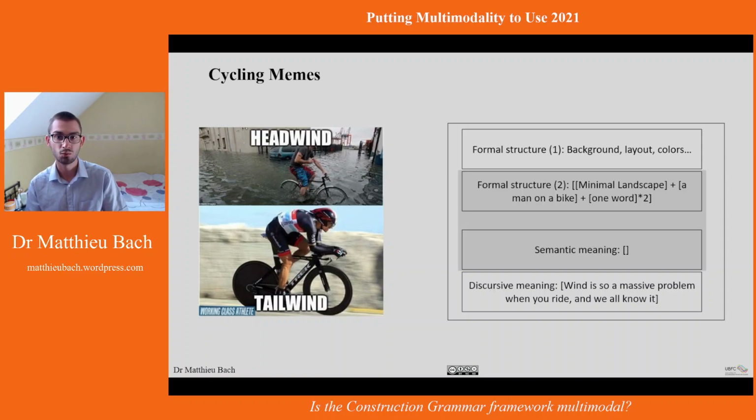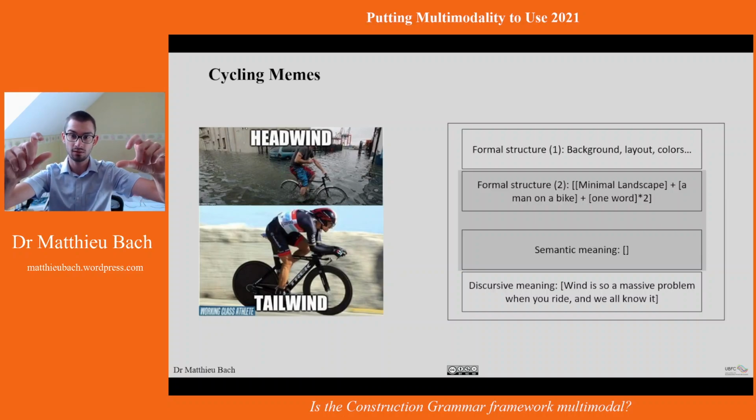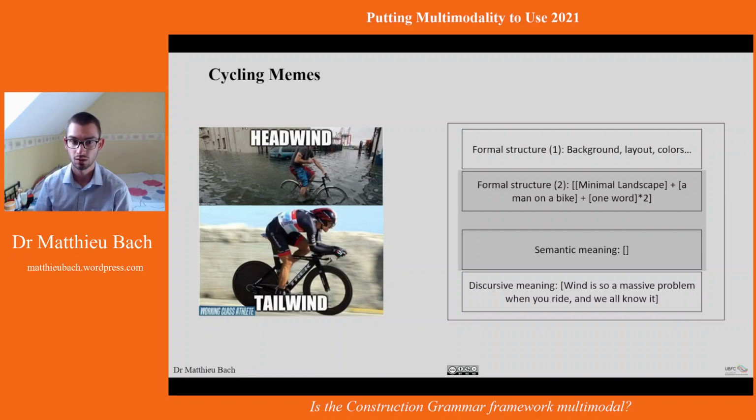I wrote that we could say there is a minimal landscape. Then you have one man on a bike in the center of this minimal landscape. Then you have a one-word construction, headwind or tailwind, and it's multiplied twice. So you have the headwind component and the tailwind component.